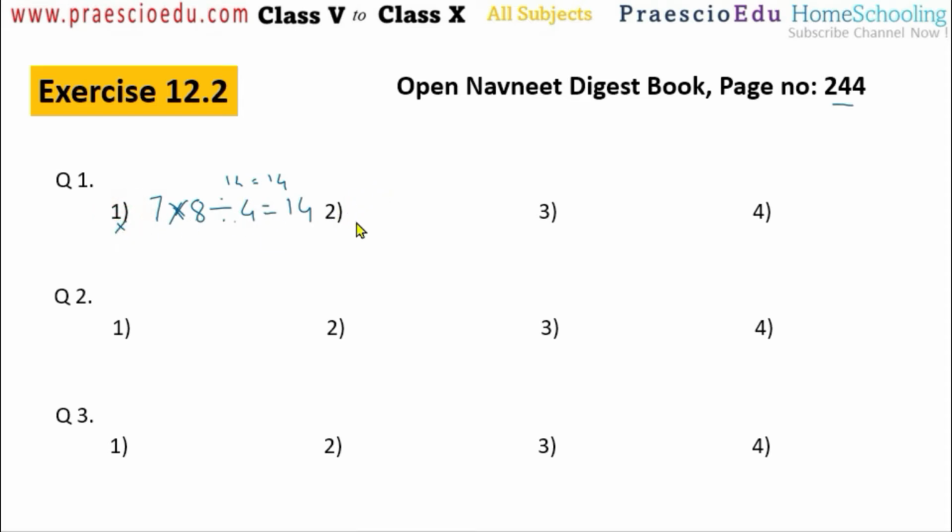Question number 2, 27 divided by 3 multiplied by 3 is equal to 9. Now in this one, 27 divided by 3 is 9, and 9 multiplied by 3 is 27, which never gives 9.